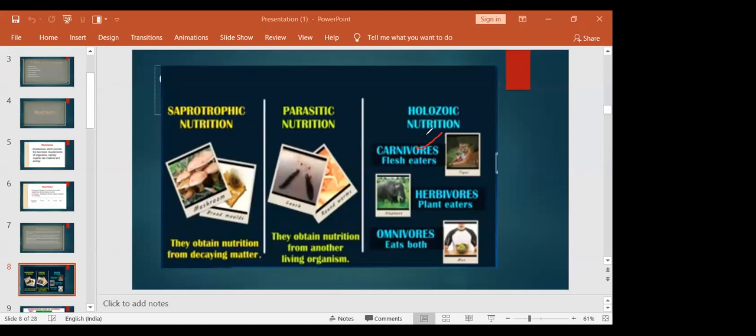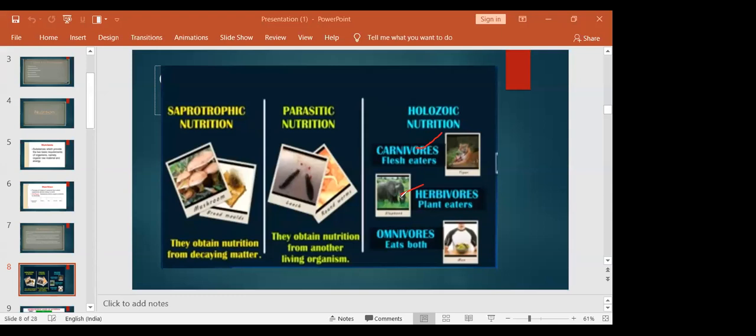So they are flesh eating animals. Those are called carnivores. Whereas the next picture represents the elephant, cow, giraffe; all these organisms eat plants. They are plant eaters, simply we can say herbivores. And the third picture represents us, human beings. With our own will, we can eat both plants as well as flesh, isn't it?